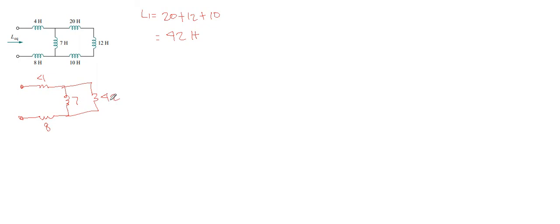So now since we have 7 Henry and 42 Henry, they are parallel, let's consider that L2. We have inverse of 1 over 7 plus 1 over 42. So to calculate that one, we have 7 inverse plus 42 inverse and inverse. So we simply have 6 Henry.